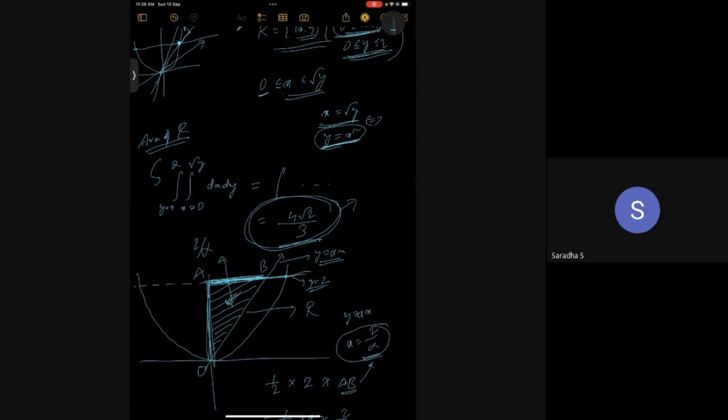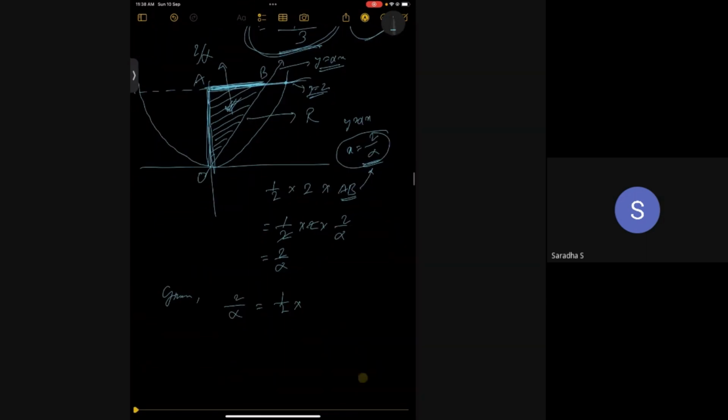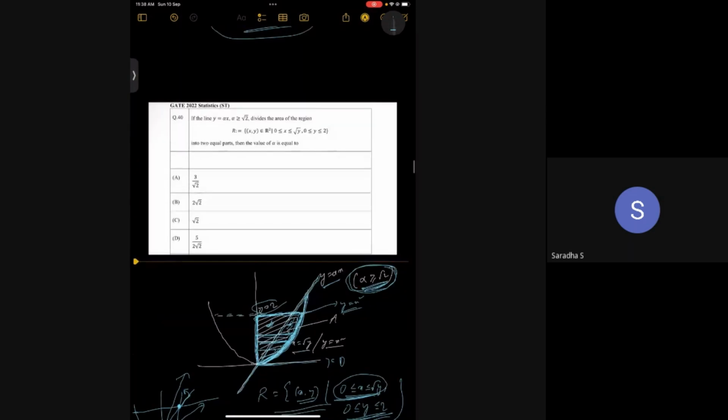So this will be half of 4 root 2 by 3. So alpha is exactly 3 by root 2. So that is our option A, 3 by root 2.